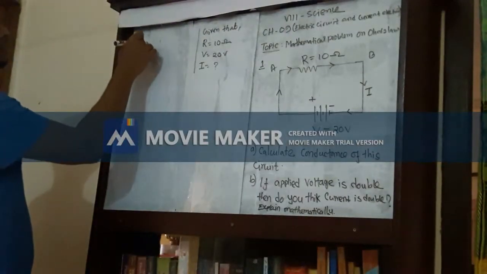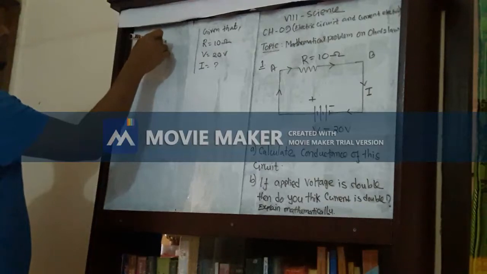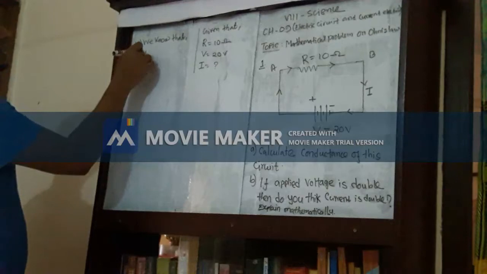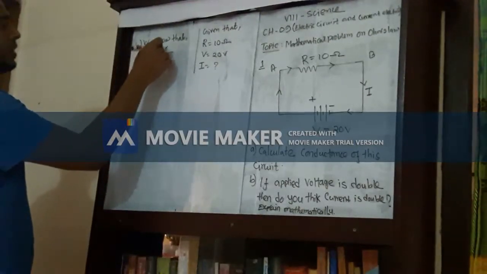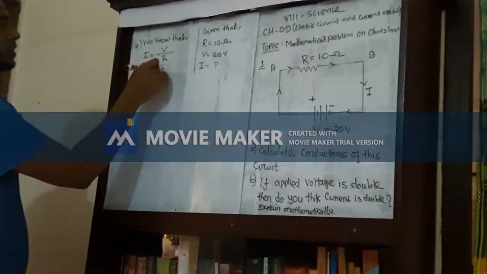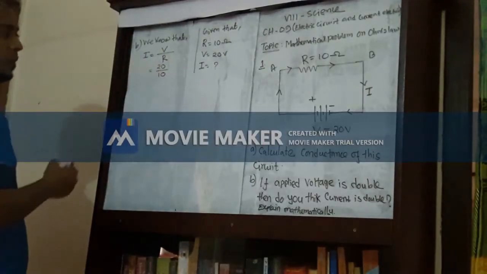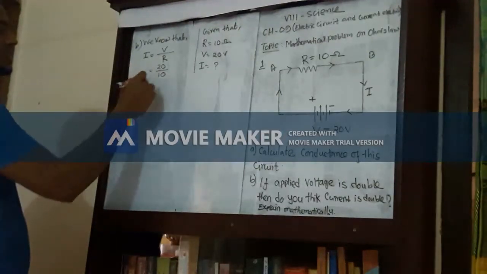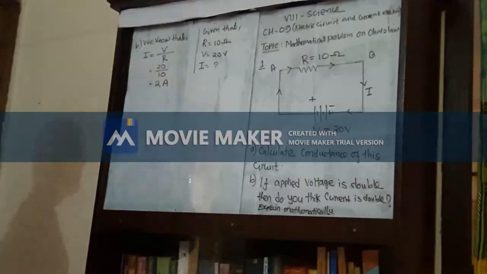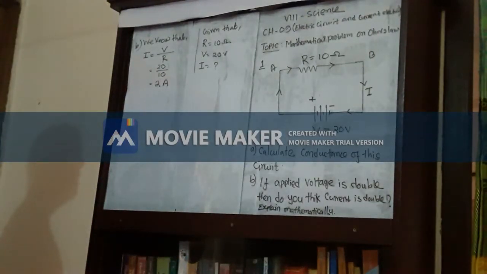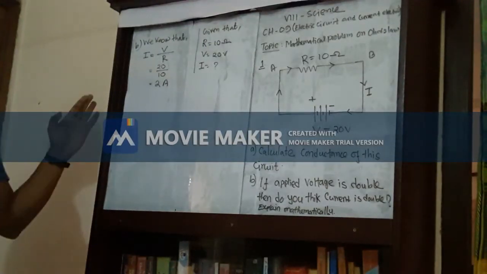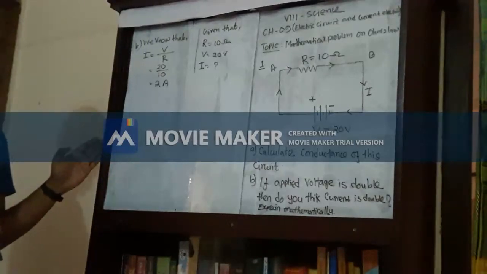We know that electric current I will equal V divided by R. So here V equal to 20 volt, R equal to 10 ohm. So the total current is 2 ampere that flows through this circuit. So this is the circuit current, that is 2 ampere.